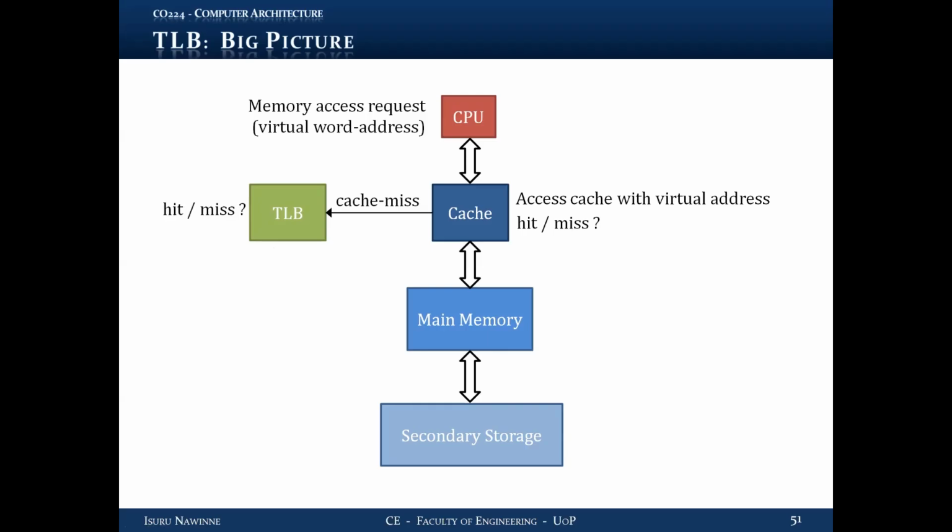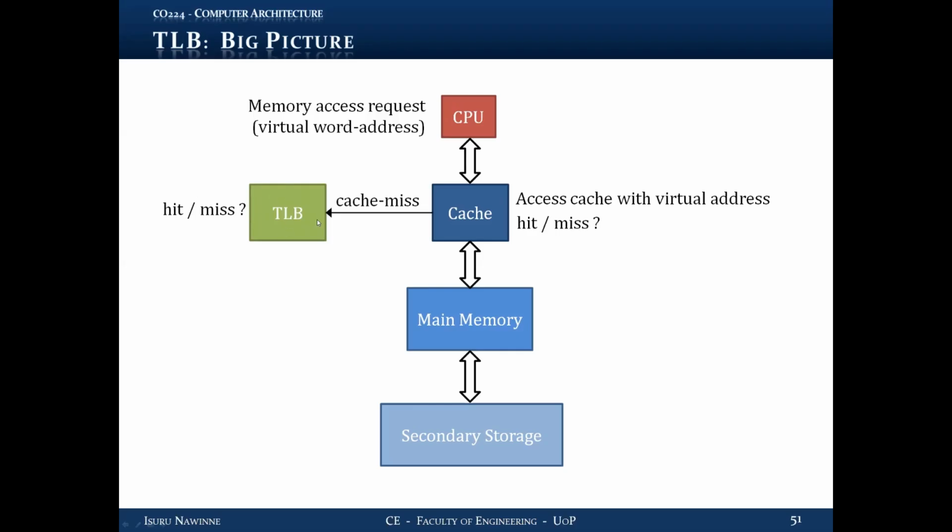In order for us to access the memory, we need to get the address translated, and to do that, we first go to the TLB. In the event of a cache miss, we access the TLB to get the address translated. Then we can have a hit or a miss in the TLB. The translation page table entry may be in the TLB, may not be in the TLB.